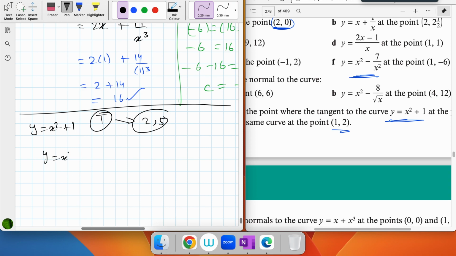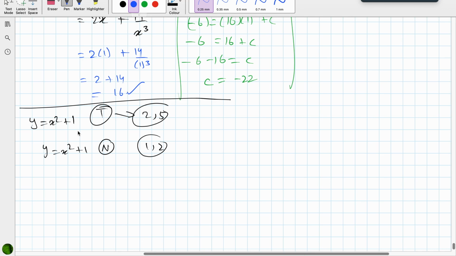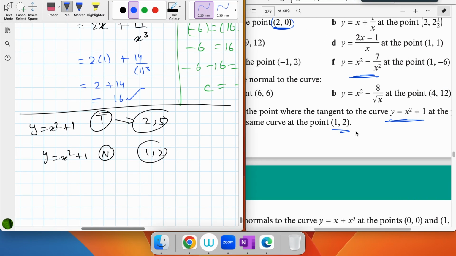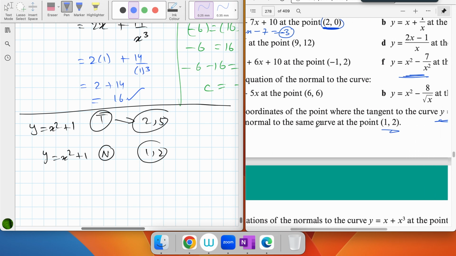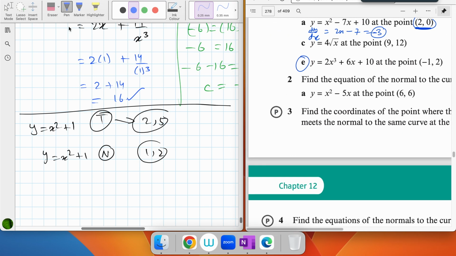Understand this question first. This is the curve x square plus 1, roughly, at x 2, y 5 there is a tangent, and it says find the point where this tangent meets the normal.